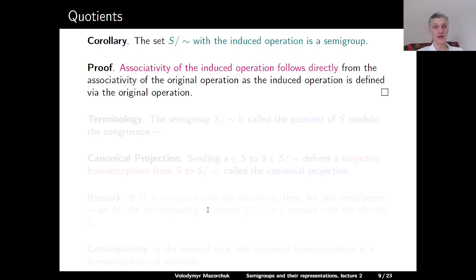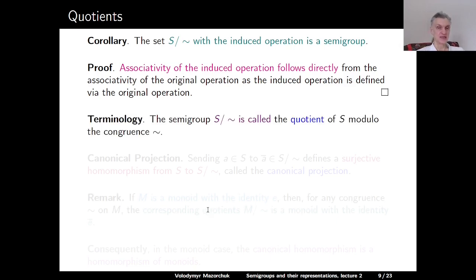Indeed, the associativity of the induced operation follows directly from the associativity of the original operation, as the induced operation is defined via the original operation. And the original operation is associative. So this semigroup S modulo the congruence tilde is called the quotient of S modulo the congruence tilde.